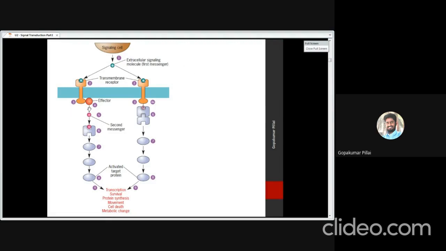Please look at the cursor. This is the cytoplasmic domain of your receptor. The cytoplasmic domain interacts with the effector. And what is the effector?